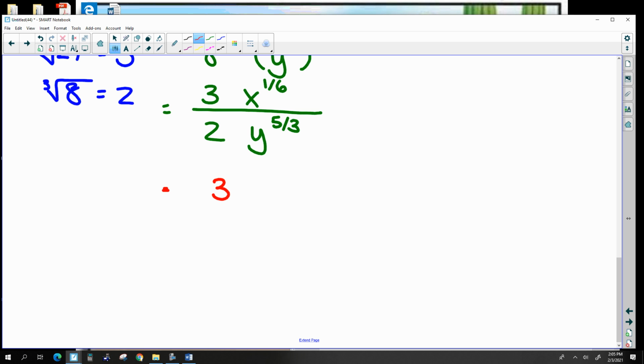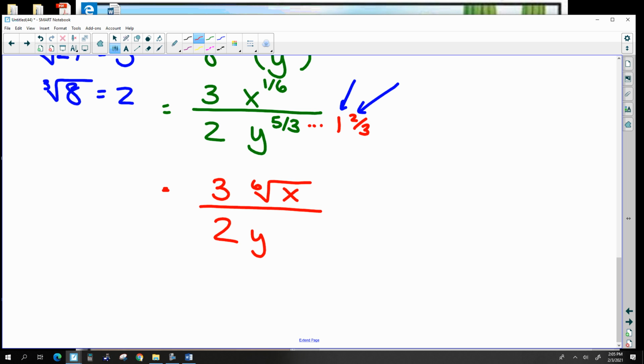So it's 3, and this is the 6th root of x. The denominator is 2, right? 5 over 3 is the same thing as saying 1 and 2/3. So that means there is going to be 1 y on the out and 2 y's on the in. It might look something like that.